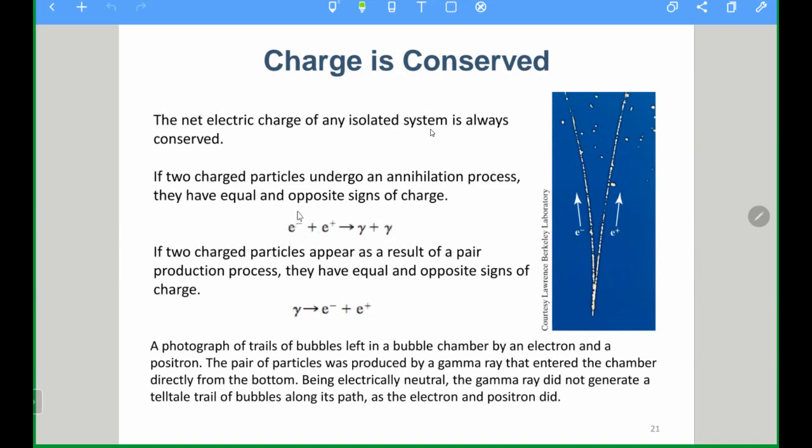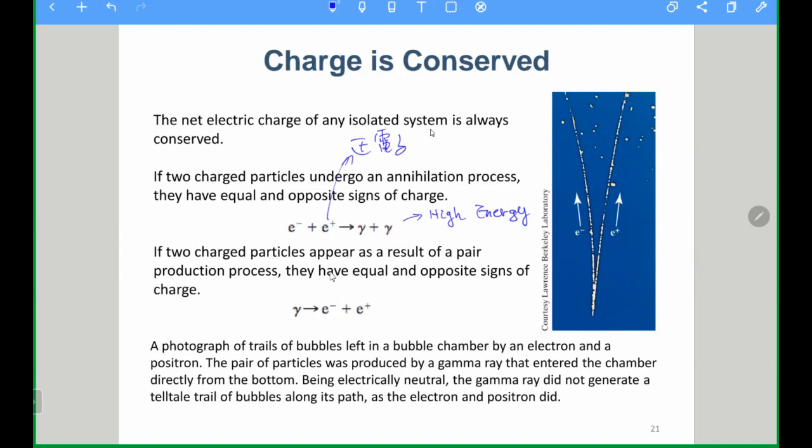If you have an electron, and this one is called a positron, 正电子. When they touch each other, they will emit some gamma ray or some high energy particle without charge, so they emit some energy.